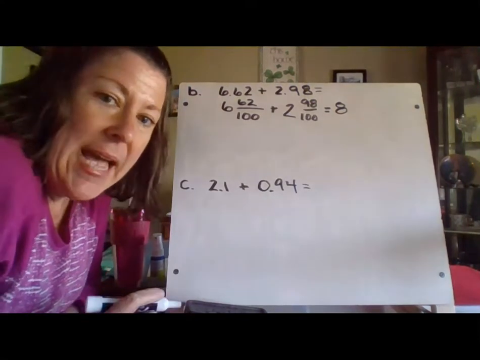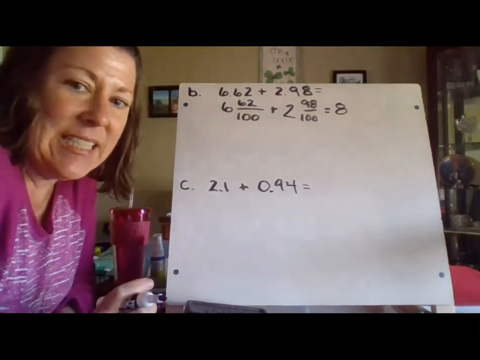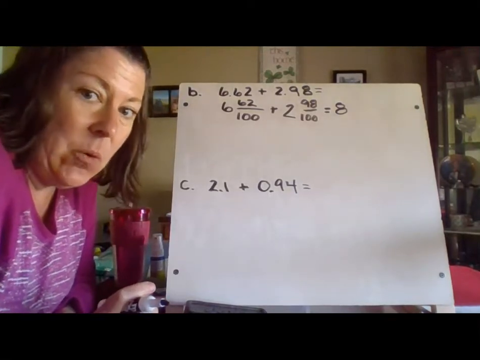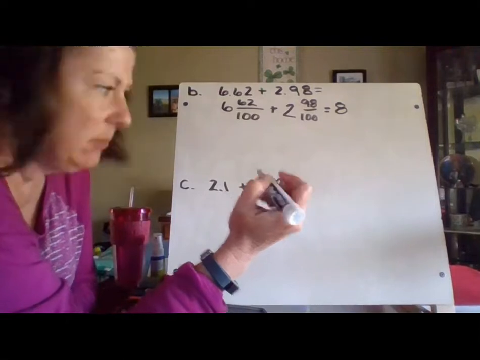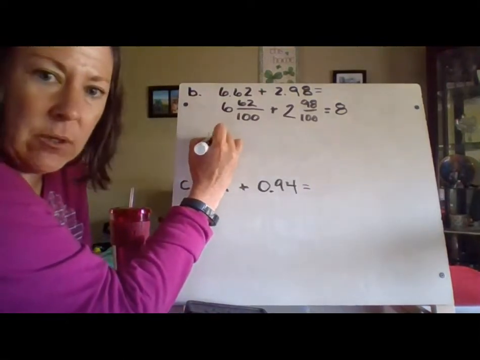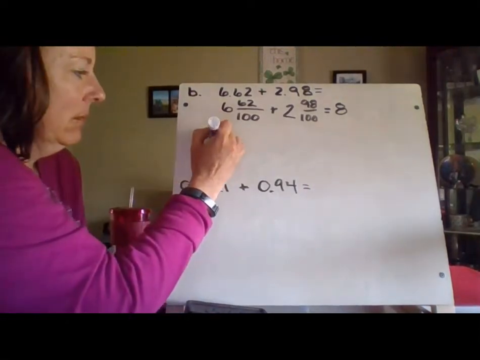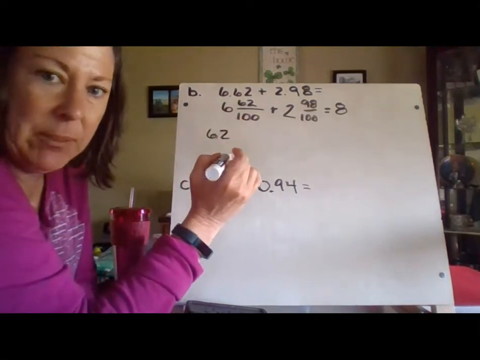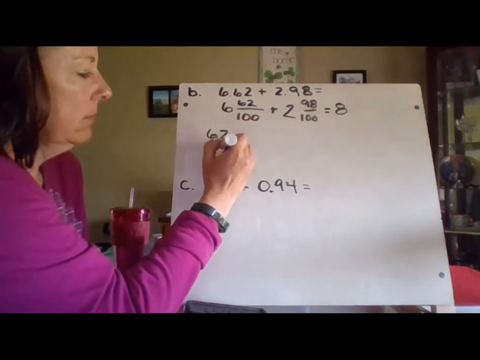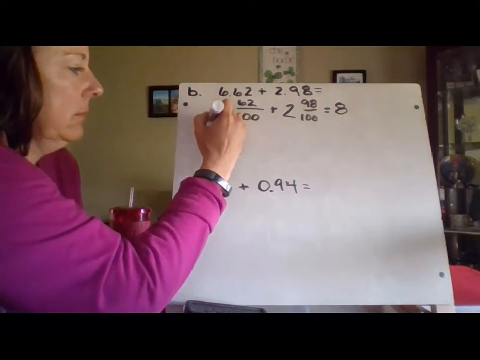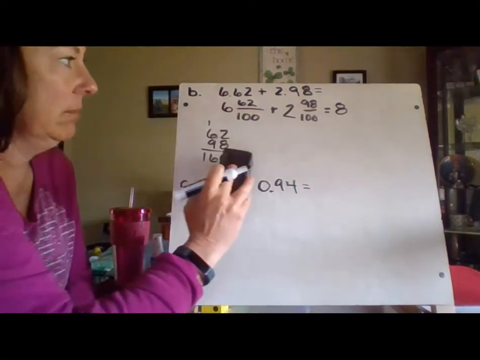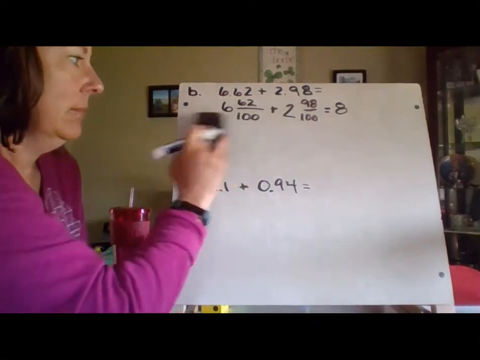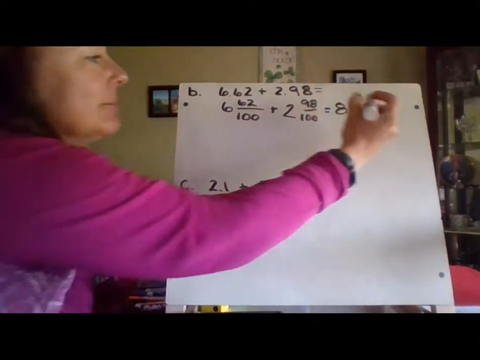And I'm going to add 98 and 62, which gives me, and if you have to, you can always do it over at the side of your paper. Oh, it's 160. And then just erase.